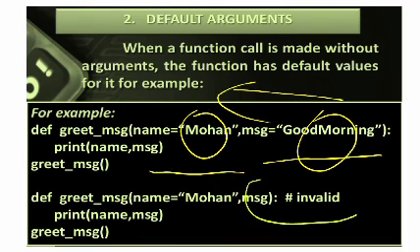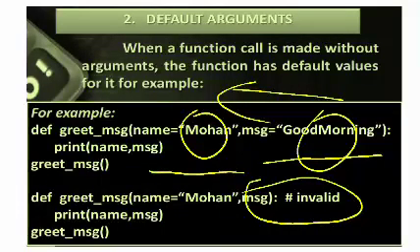here it generates an error because the rule of default arguments is violated, because default arguments should be defined from right to left. Here msg does not contain any default value, but the name argument contains one value, that is a violation of the default argument rule.